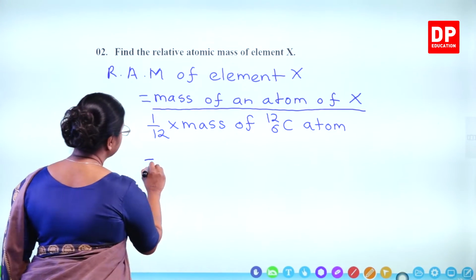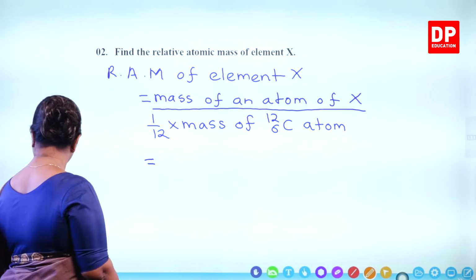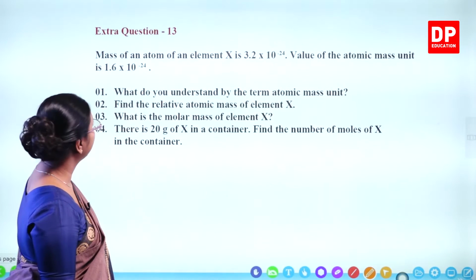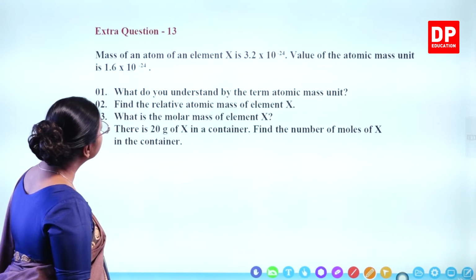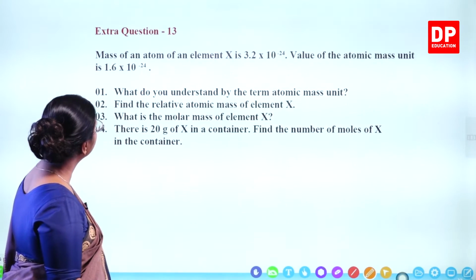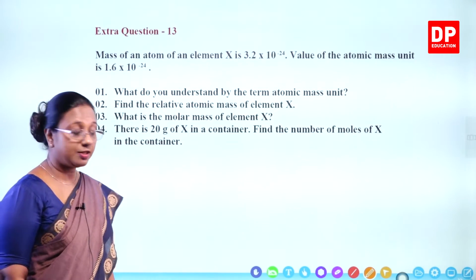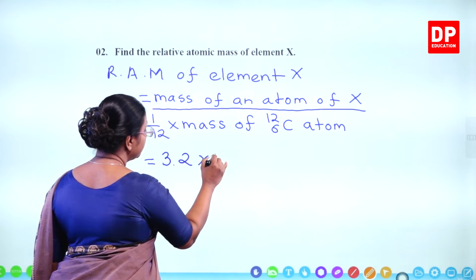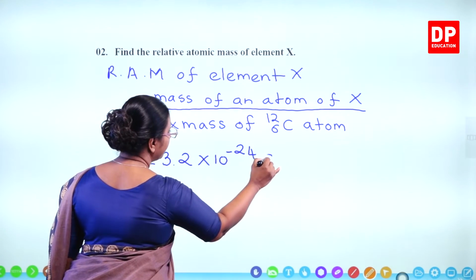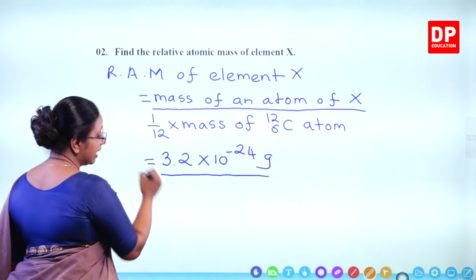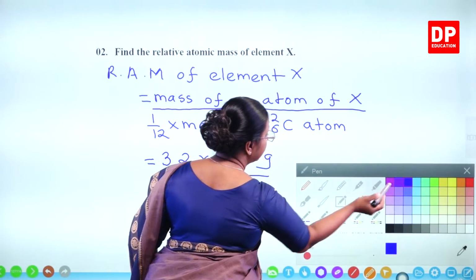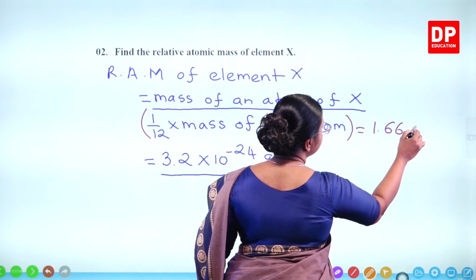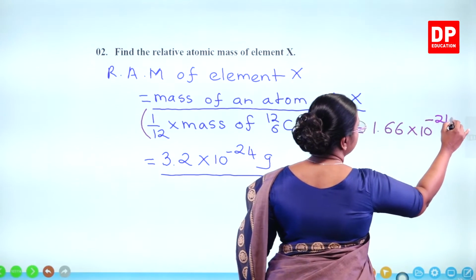Now I want to check the mass of element X. If we go back, it is 3.2 into 10 to the minus 24. But here, the atomic mass unit is given to you, 1.6 into 10 to the minus 24. So, what do we have here? 3.2 into 10 to the minus 24 grams, divided by, they have given you this calculated value, which is equal to 1.66 into 10 to the minus 24 grams.